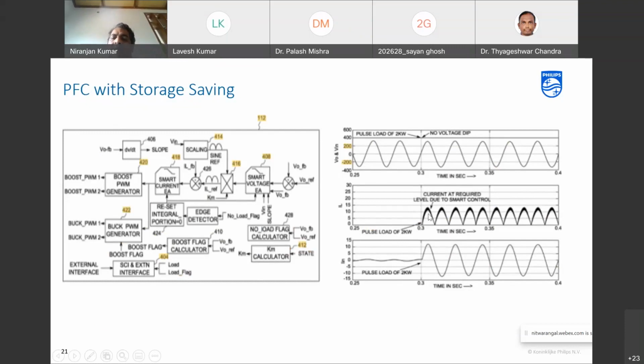Normally PFC has a ramp up time of around 40 to 50 milliseconds to reach maximum current. You do something predictive so that you know what power is coming. It is a kind of feed forward control, where you draw the current from t equal to 0 to the maximum the moment the load comes. So your storage requirement goes down and your overall generator becomes small.